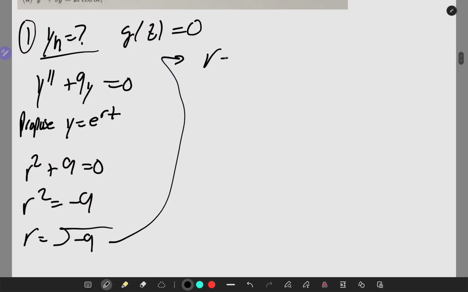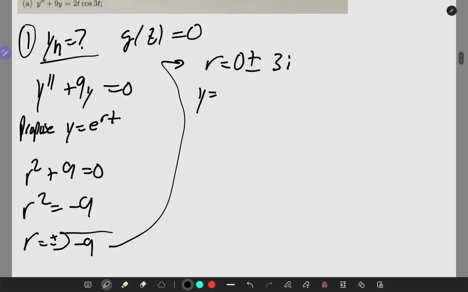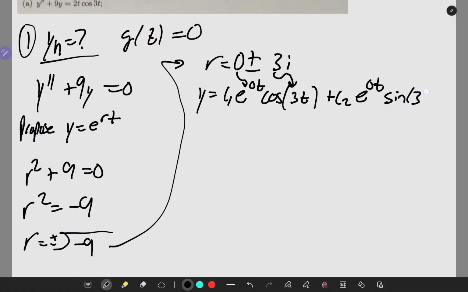So then r is equal to 0 plus or minus 3i, right? Now remember that little shortcut I showed for complex roots to work around using the Euler formula: c1 e to the 0t times cosine of 3t, plus c2 e to the 0t times sine of 3t.